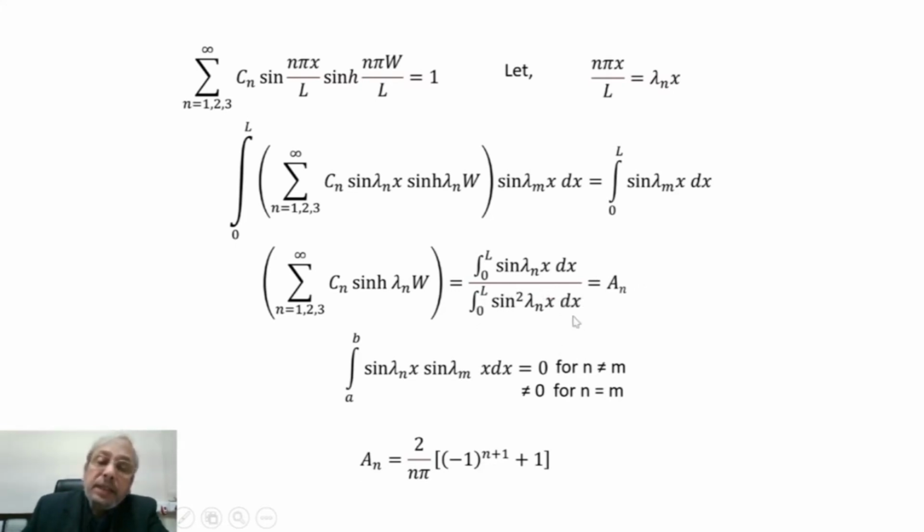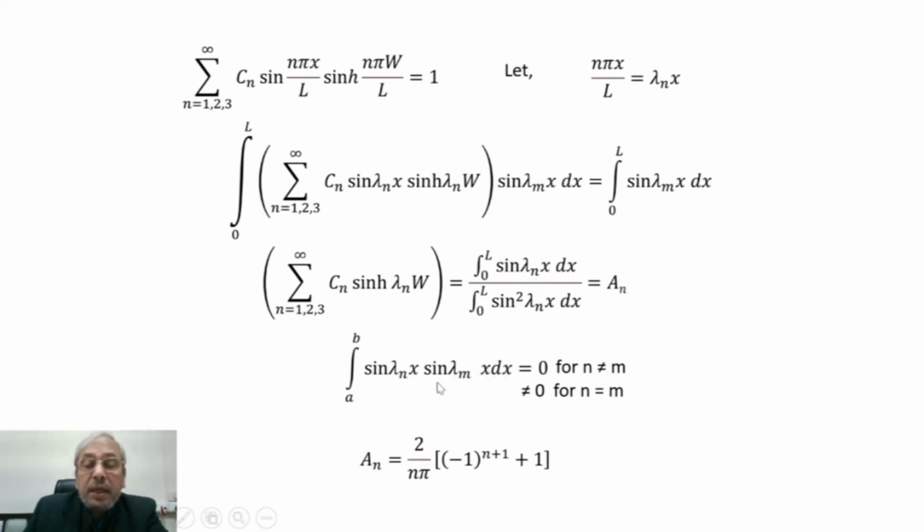And this, how we can write, again this is property of orthogonal function. Between a and b, if we integrate sine lambda n x sine lambda m x dx, this will be 0 for n not equal to m, and this will be non-zero only when n equal to m.